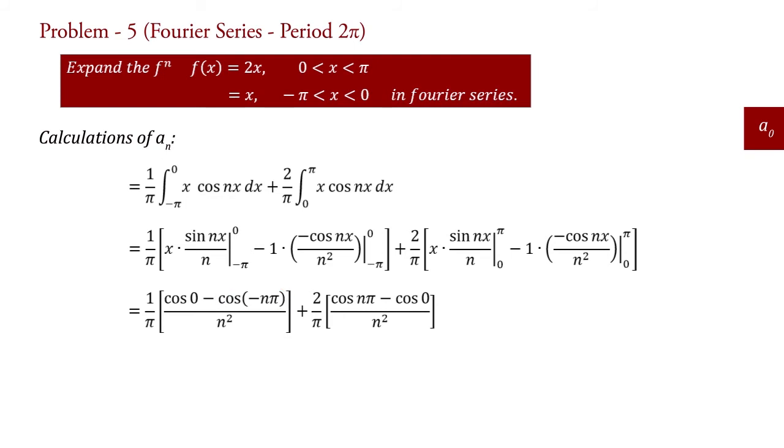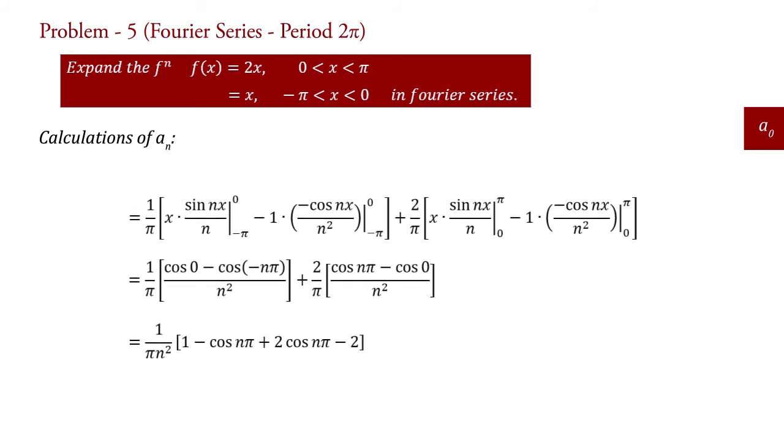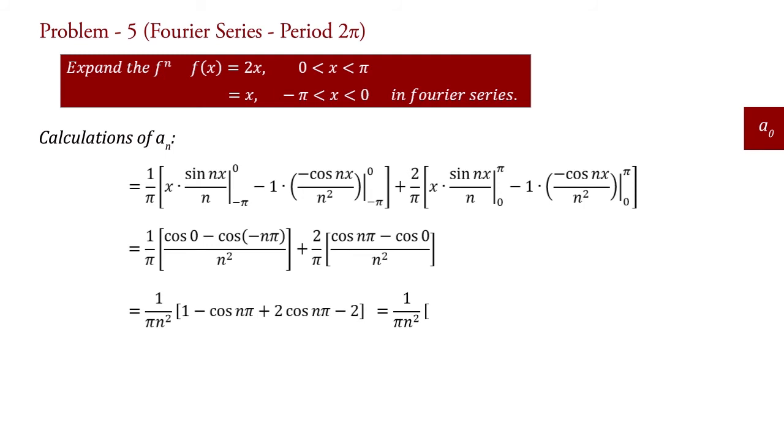Then by simplifying, an equal to 1 upon pi n square into bracket 1 minus cos n pi plus 2 cos n pi minus 2, which is equal to 1 upon pi n square into cos n pi minus 1.